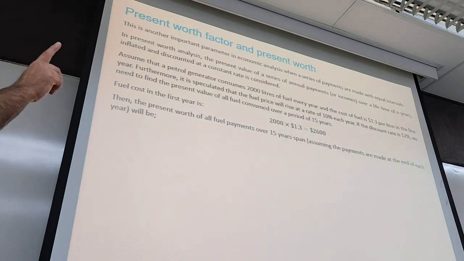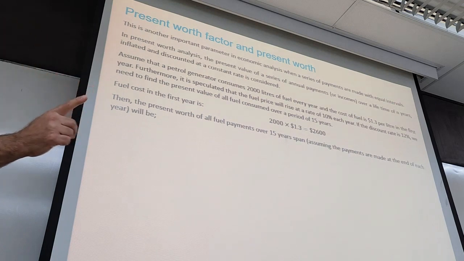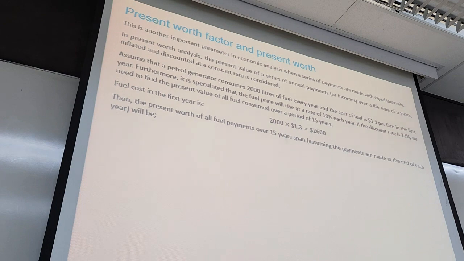So just the cost of the fuel in the first year is $1.30 per liter. Furthermore, it is speculated that the fuel price will rise at a rate of 10% each year. So every year it will increase by 10%, at a constant 10% every year.